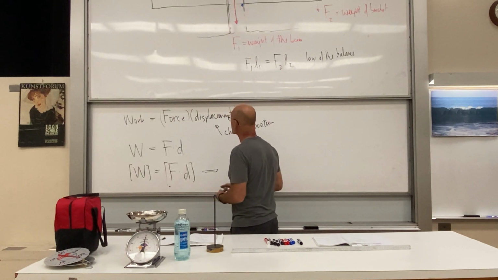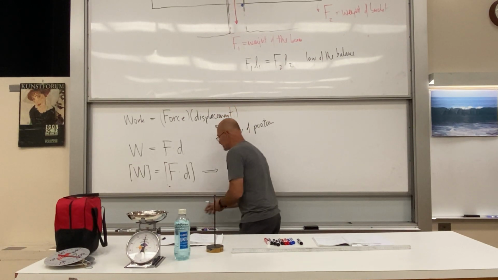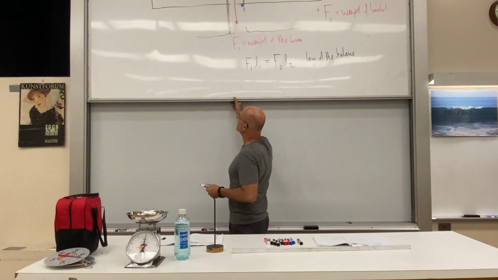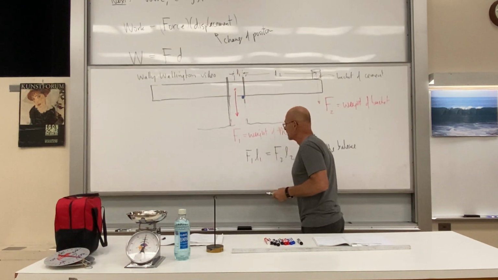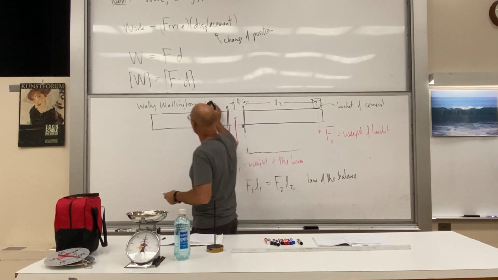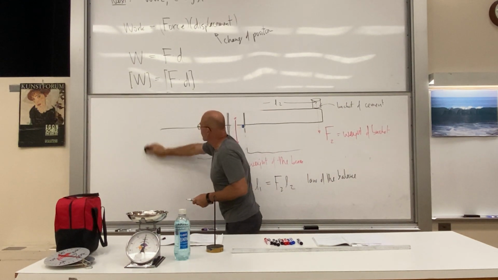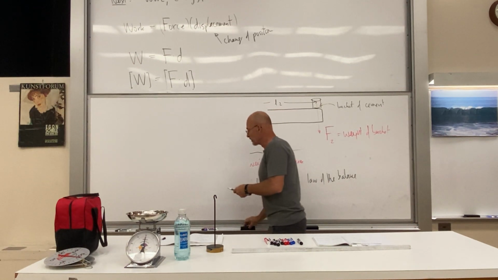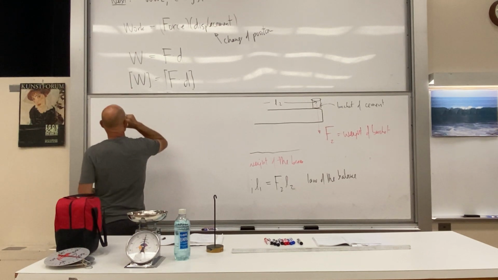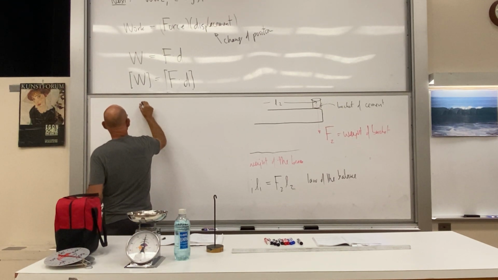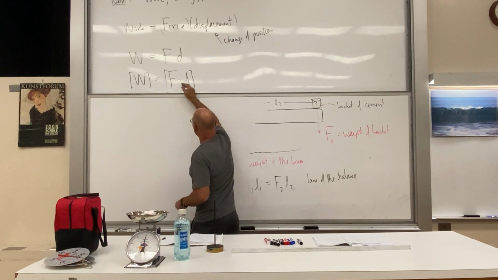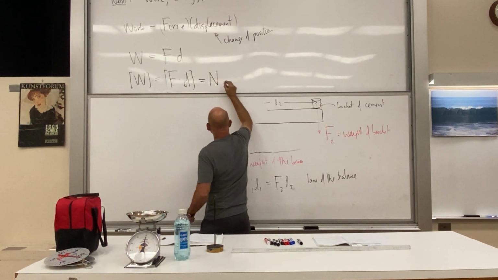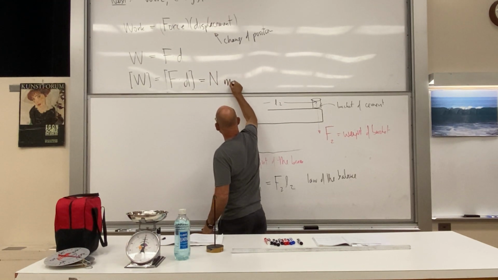And the unit of work, let's stack this one on top of the other, because this is just a column of equivalences. So we have here the unit of work, and the unit of force is the Newton, and the unit of length or displacement is the meter.